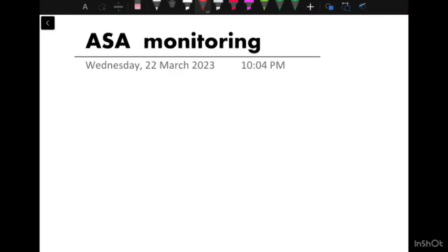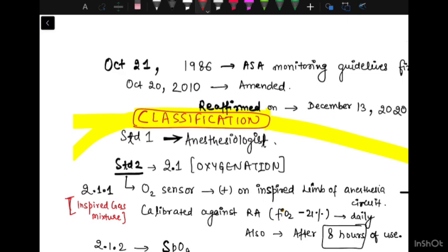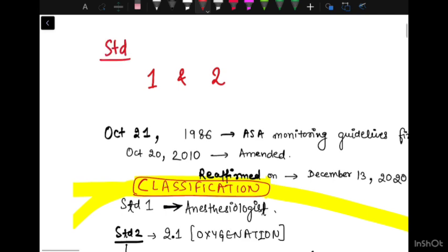Let's talk about the monitoring in anesthesia. Basically, the American Society of Anesthesiology has given the monitoring guidelines, and they have divided the ASA monitors into 1 and 2.